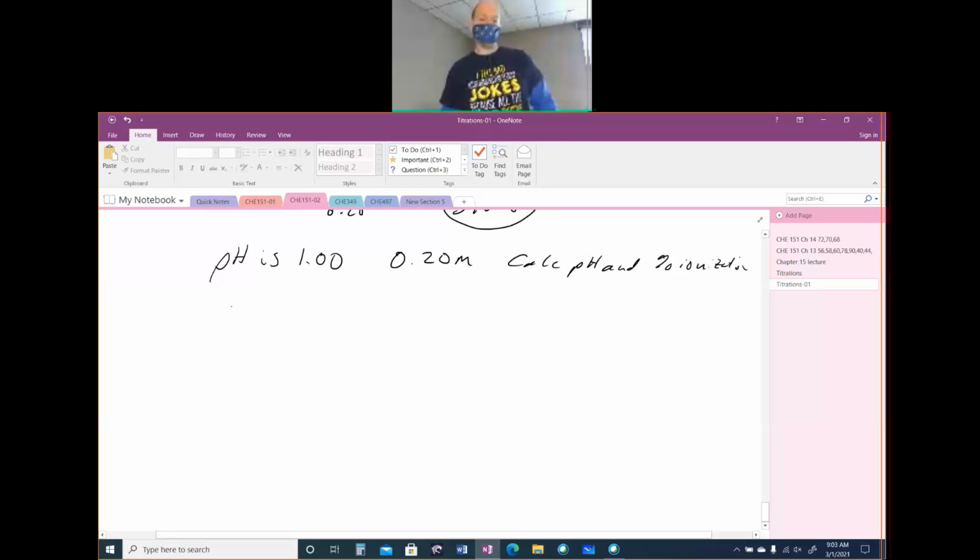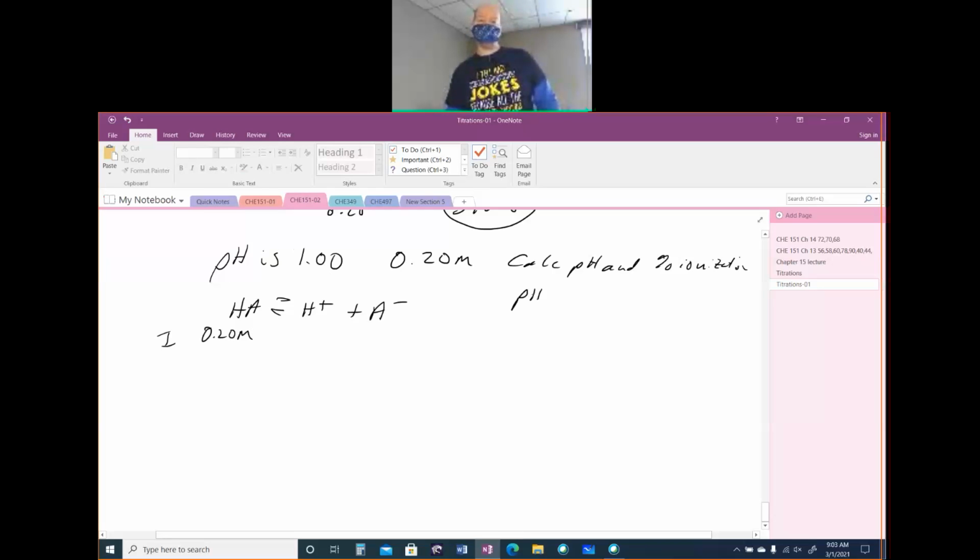All right, so the same reaction, HA goes to H plus and A minus. Now the initial, we're in the stomach. Well, we had 0.20 molar of our HA, but now we know that the pH is 1. And so now we can see the concentration of H plus.